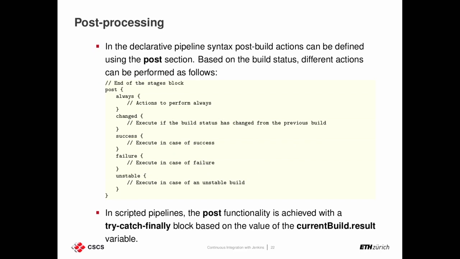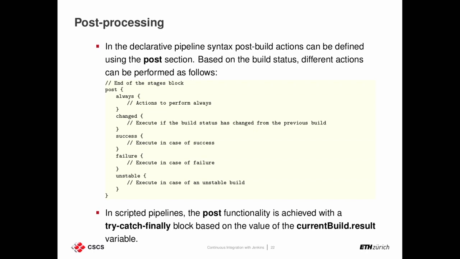And finally, I just added here the post-processing that is available from a declarative pipeline, where when all your steps and all your stages have finished, based on the actual status of the build, you can have, depending on it, actions. Here you see post.